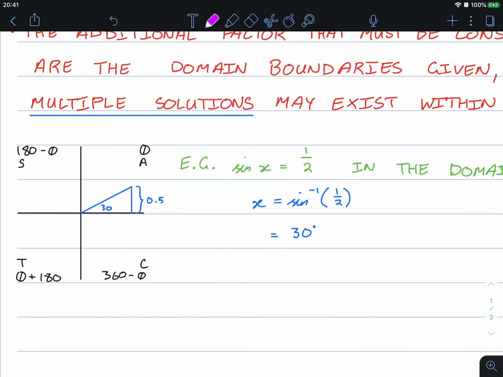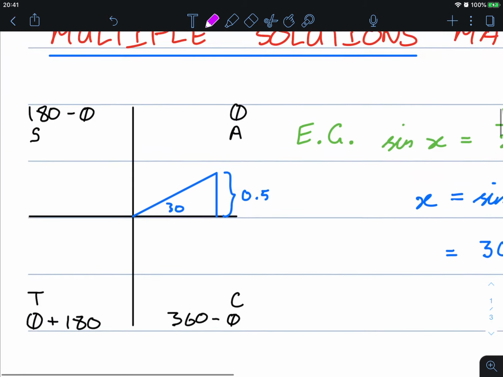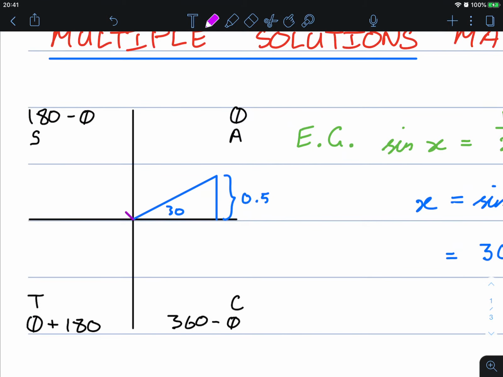However, this isn't the only angle that will give us half when we substitute it into sine. If you consider the second quadrant, because y is positive here, we could also find 0.5, and that being 30 degrees in the second quadrant.